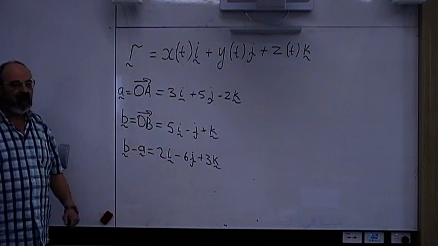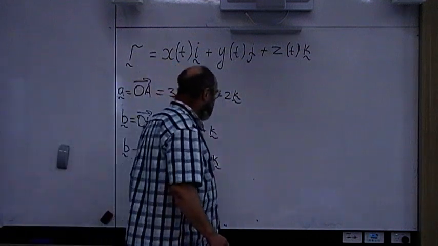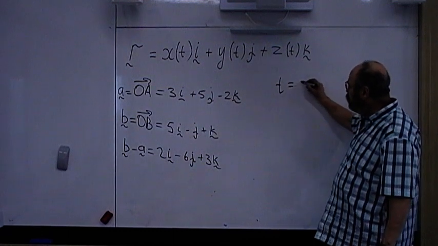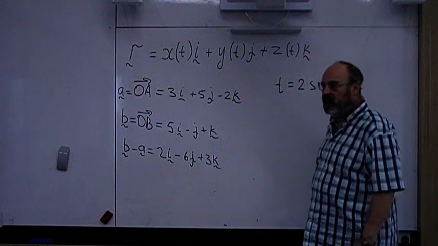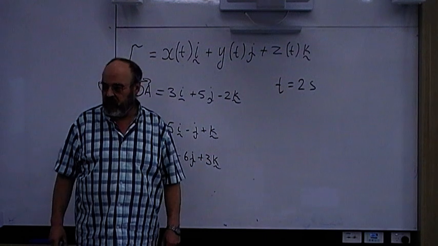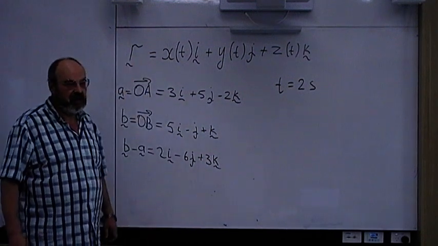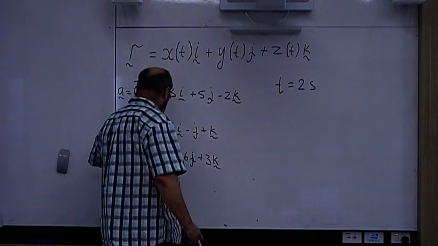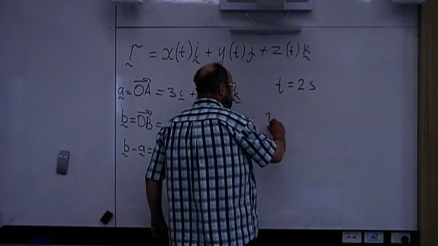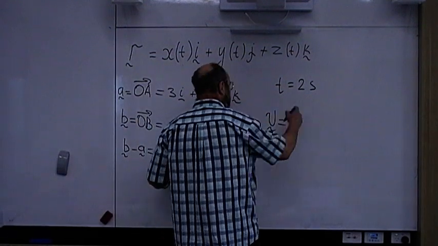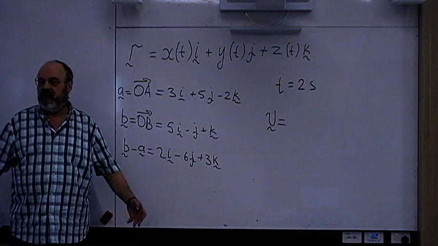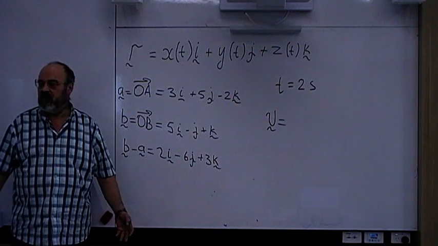Make sense? Now, if you know that this change of the position happens in 2 seconds, and it's moving with a constant velocity, how can we find velocity? We divide the displacement vector by the time, because velocity equals displacement divided by time.